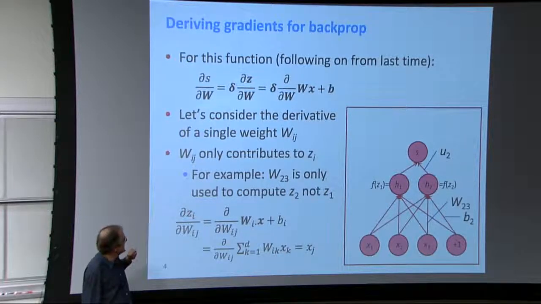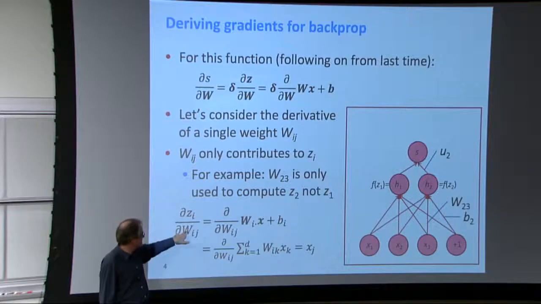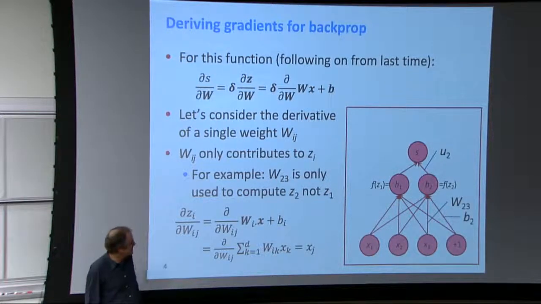We started to look at it, and I made the argument based on our shape convention that the shape of that should be the same shape as our W matrix, so the same n times m shape.